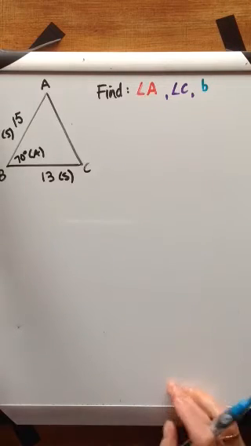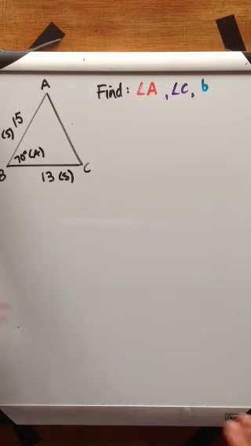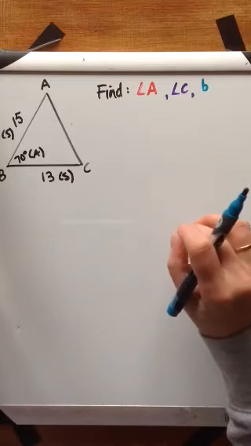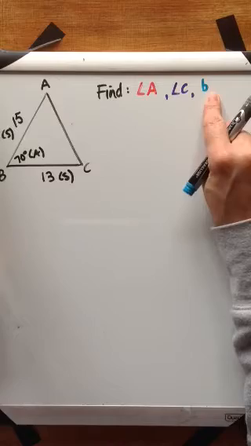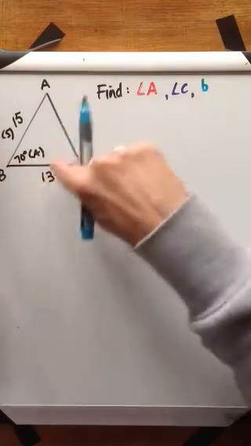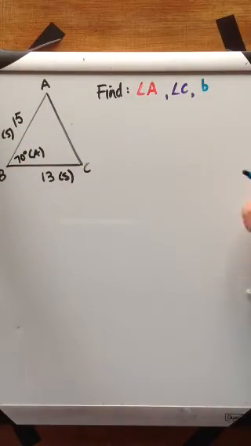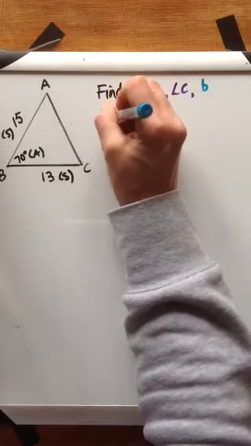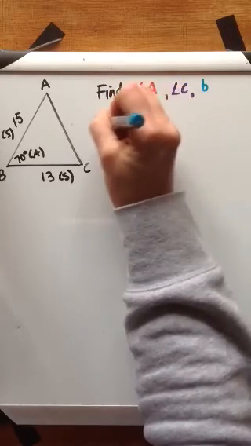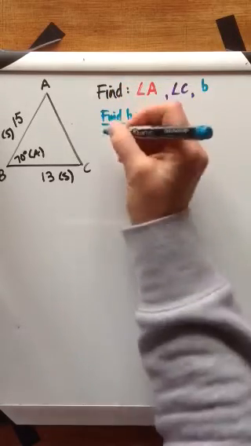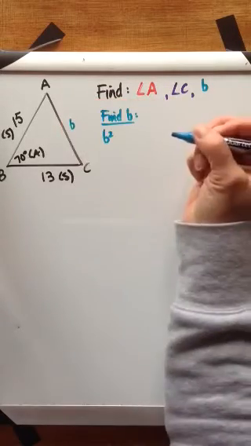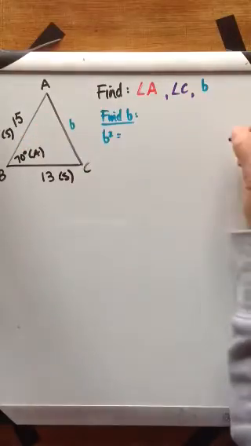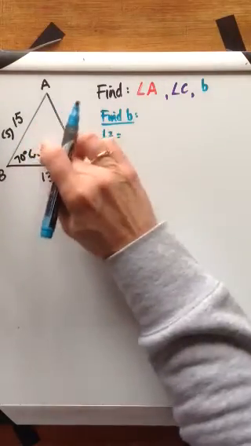Okay, so where do we want to start? Well, cosine law would enable us to find B first, okay, because it connects all three sides with an angle that's embedded in there. So let's begin there, and let's find B. From the previous slide, we know that B squared, or this side here, is equal to its angle, which is 70.